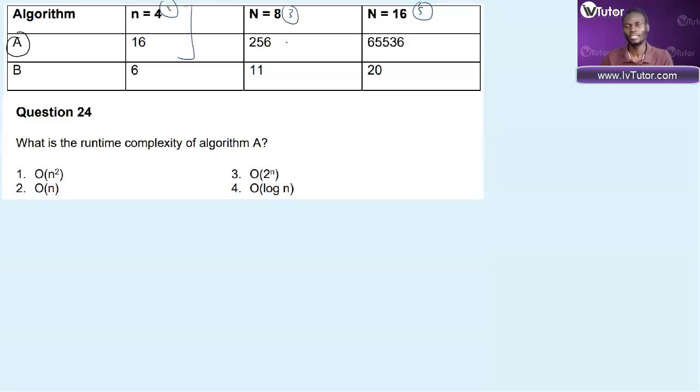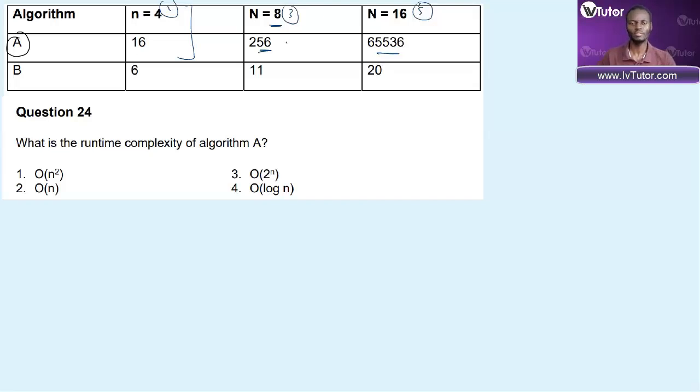Let me focus on this one. We've got log n is 3, so 8 to the power 3. So is it n to the power log n? Yeah, then 16 to the power 4 is not this one. So okay, what is it? Now you have to try a whole different set of permutations until you can figure out what is mapping your n to this.